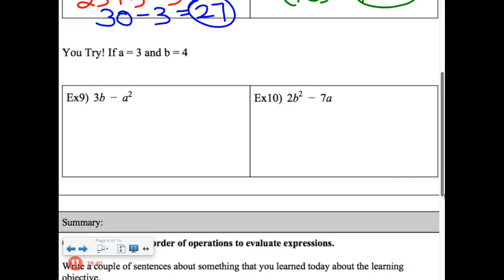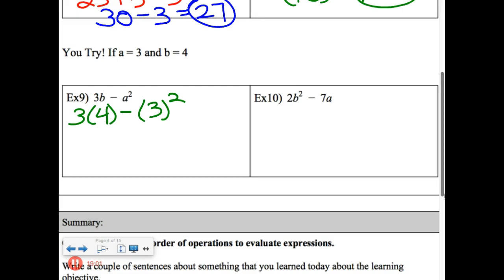So again, now we have letters. We're going to plug stuff in. I'm going to replace that B with a 4. Replacing that A with a 3. As you can see here, yes, we have parentheses, but there's nothing going on inside them. So what I see here is I have an exponent. So that's the very first thing we're going to do. I'm going to take 3 to the second.